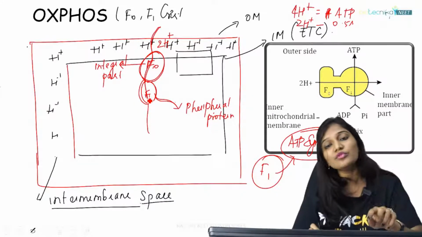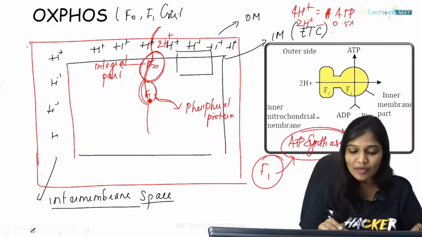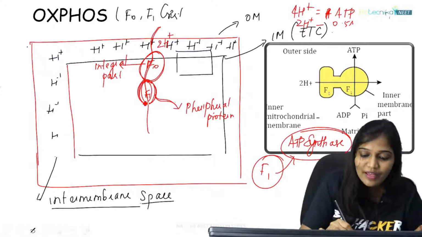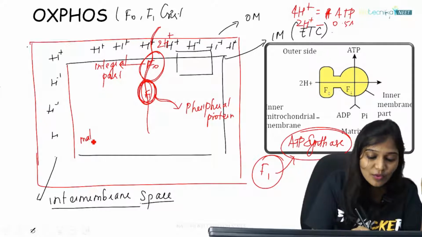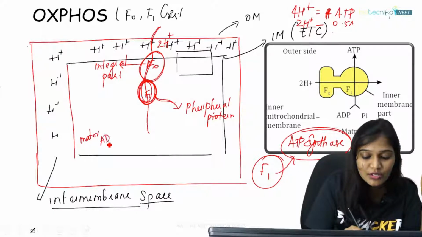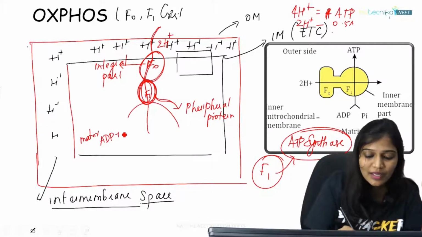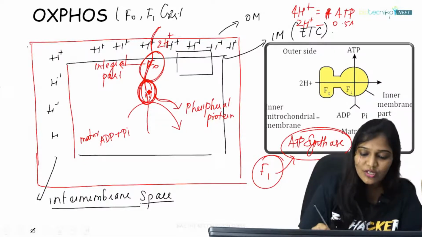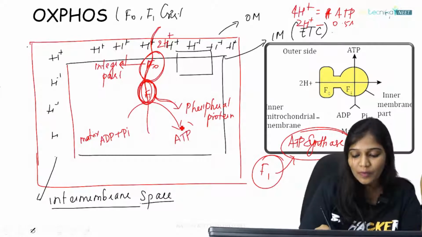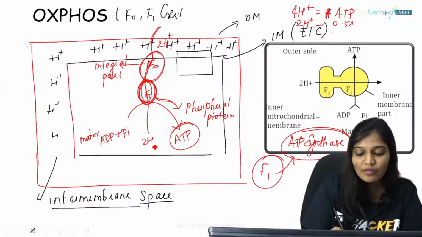When they come to F0 and F1, the enzyme acts. The matrix has some ADP molecules. So this ADP and Pi, an inorganic phosphate, with the help of this energy will get converted into ATP. The protons then come back to the matrix.